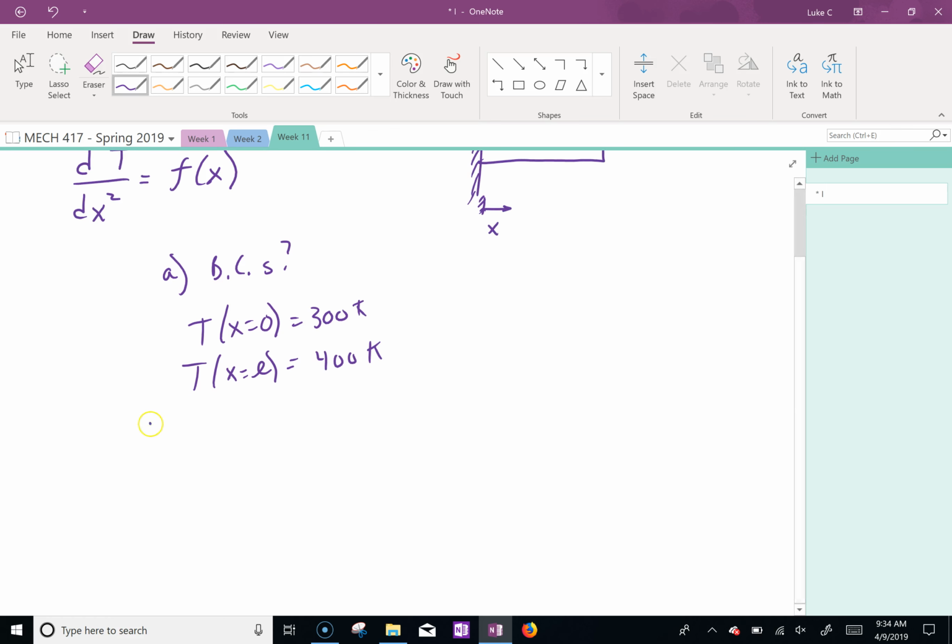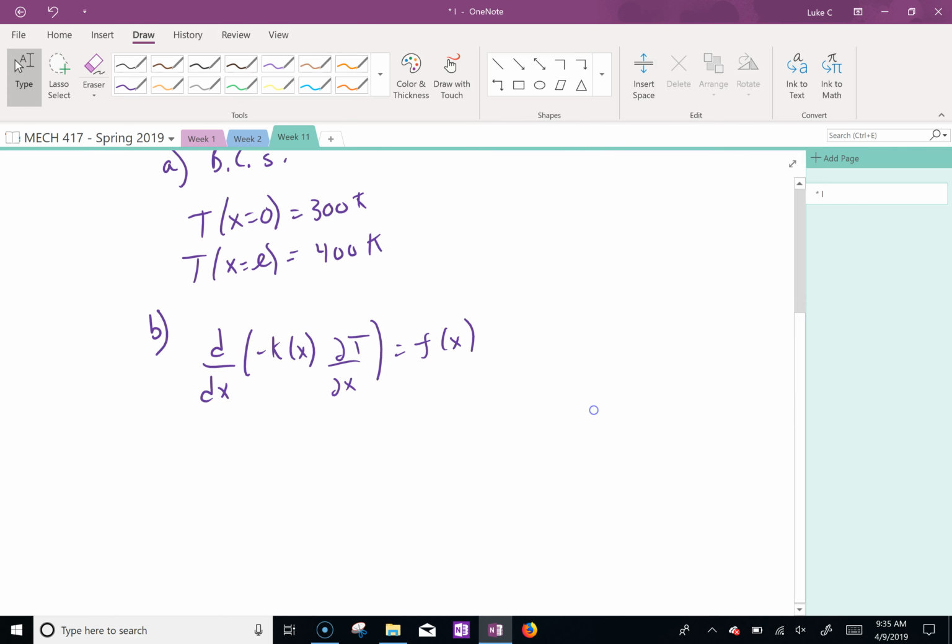All right. Second thing, just to kind of review, if I look at this differential equation, is it linear or nonlinear? It's linear.